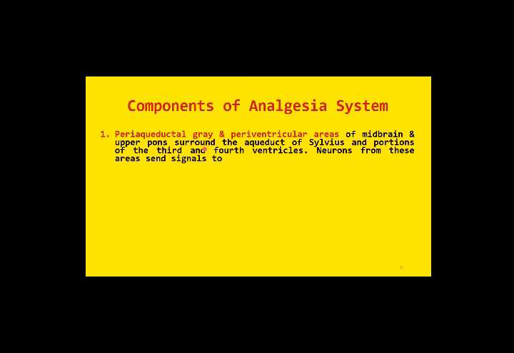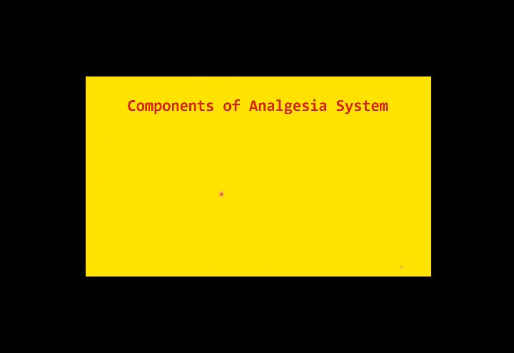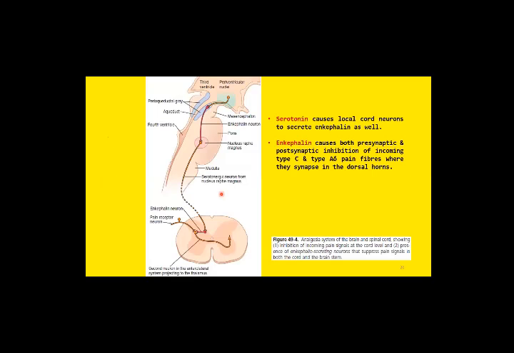Besides these areas in the midbrain and pons, we have other nuclei located in the lower pons and medulla, like the Raphe Magnus nucleus, and the other nucleus is reticularis paragigantocellularis. Although the names are a bit complicated, the concept is very simple. Raphe Magnus nucleus and nucleus reticularis paragigantocellularis are both located in the brainstem.